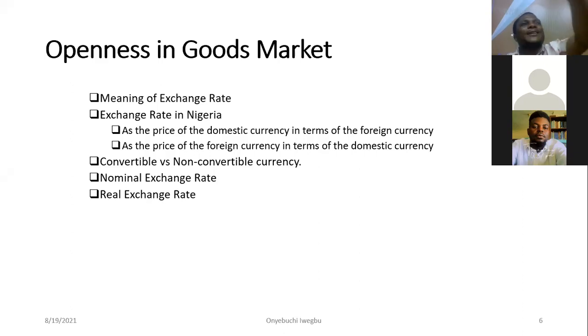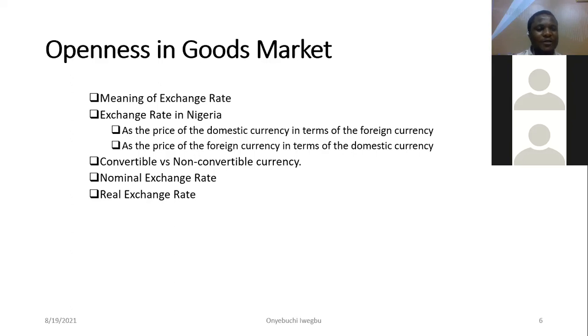So I ask, how many dollars will I use to exchange my naira? With that, you should know that the relationship between exchange rates and import or export depends on how you are interpreting your rates.